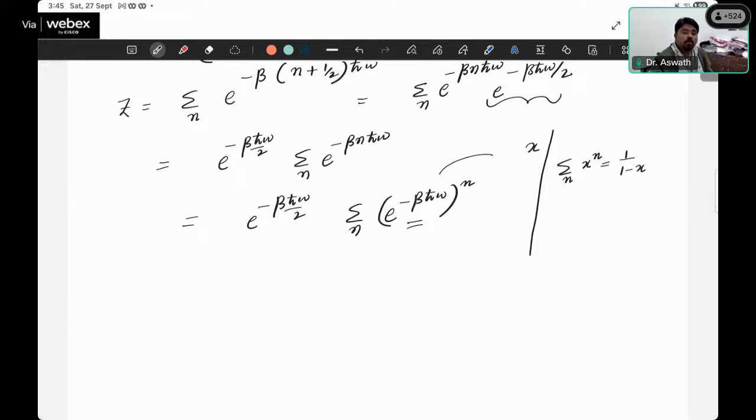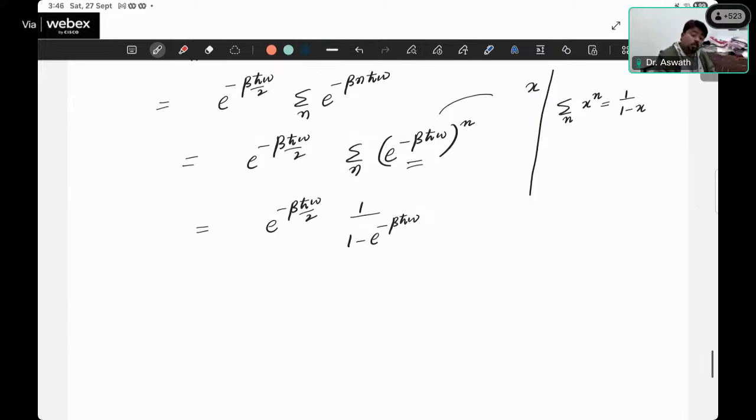So what I'll have here is equal to exponential minus beta h omega by 2, times 1 by 1 minus exponential minus beta h omega, right?